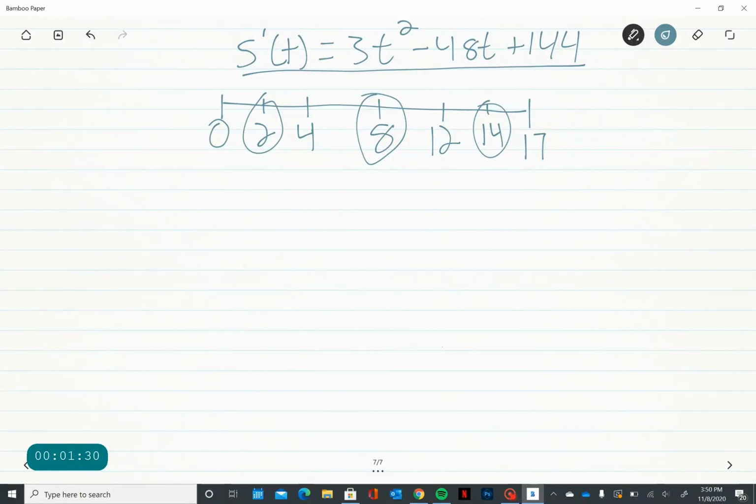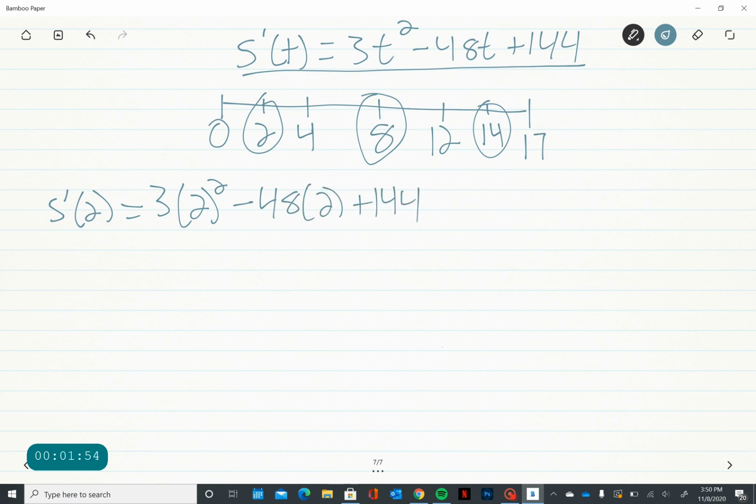Okay, so now we plug each of these into the velocity equation to see whether or not they're positive. So s prime of 2 is equal to 3, and then we plug in a 2 squared minus 48 times 2 plus 144. We can simplify.